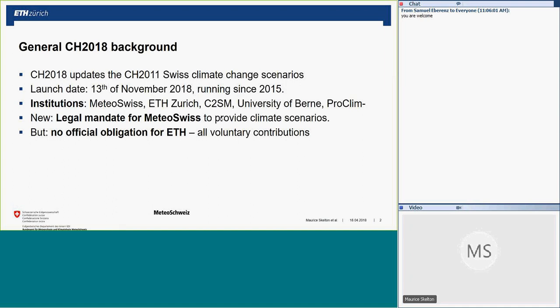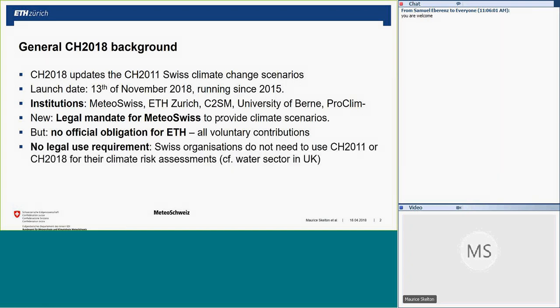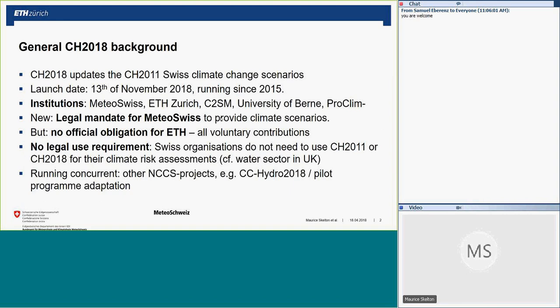I suppose that's also a difference between Switzerland and the UK. There's no real legal use requirement. There's no statutory requirement, as Fai told before. So Swiss organizations from various sectors don't need to use CH2011 or CH2018 for their climate risk assessment. But of course, it's incentivized to do so on a voluntary commitment.